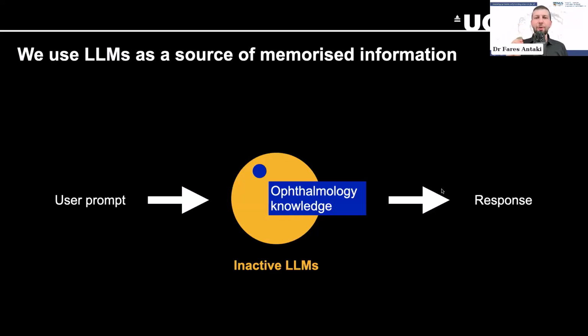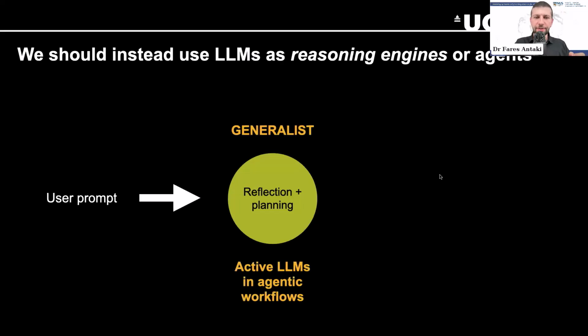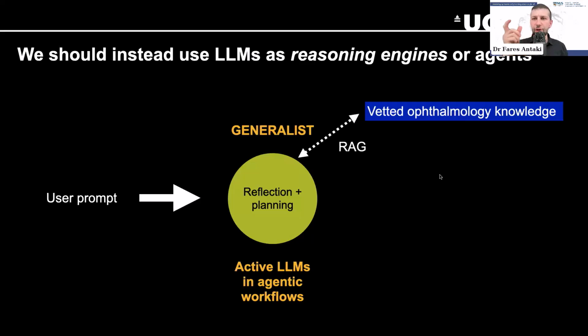But instead, and maybe the only takeaway message I'd like all of you to go home with today is, let us think of LLMs as reasoning engines and smart agents. So instead, we have a user prompt. We can have a generalist LLM, for example, that is active. We design workflows for those LLMs and give them the ability to do retrieval augmented generation.